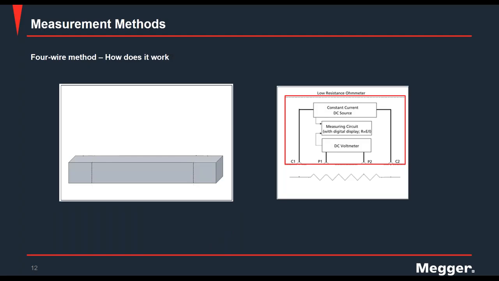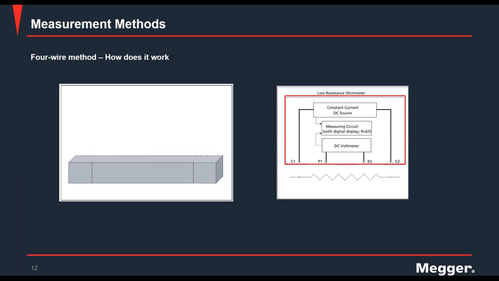Let's understand how the four-wire method works. To the right side of the screen, you have a quick block diagram of a low resistance tester. On the top, you have a constant current DC source that is going to inject direct current into your test specimen. Next, you have the measuring circuit, and below that, you have a DC voltmeter that is going to measure the voltage drop that occurs due to the passage of the current.